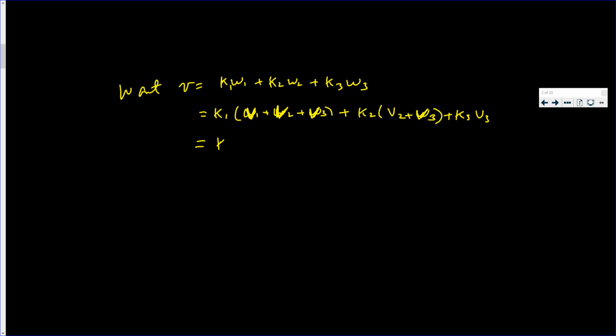So this is K1 V1 plus (K1 plus K2) V2 plus (K1 plus K2 plus K3) V3.